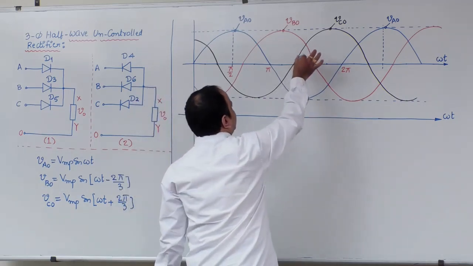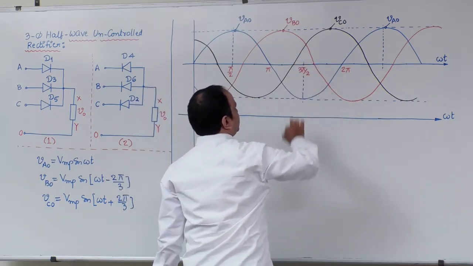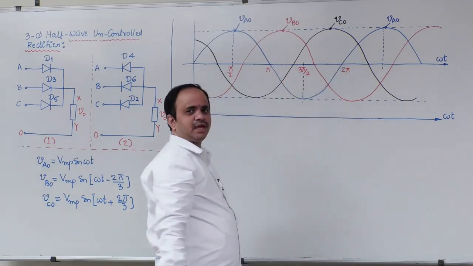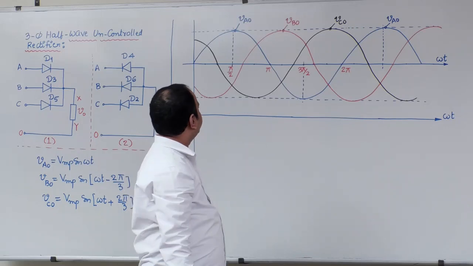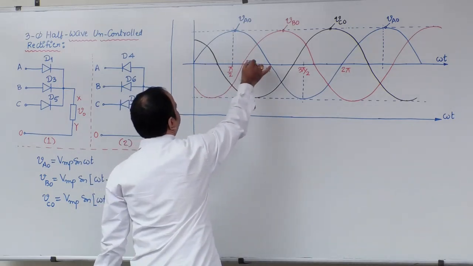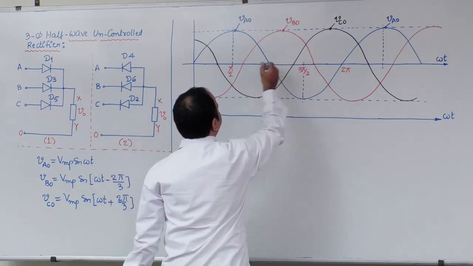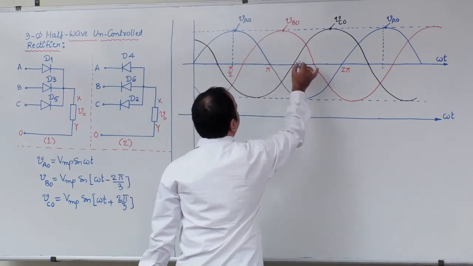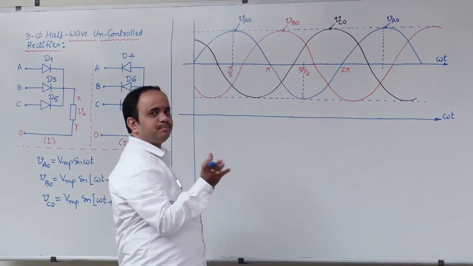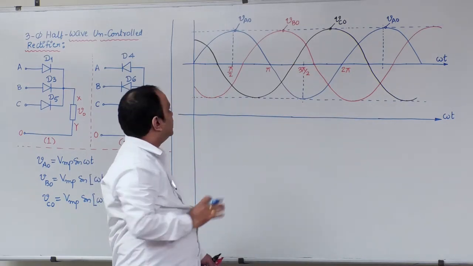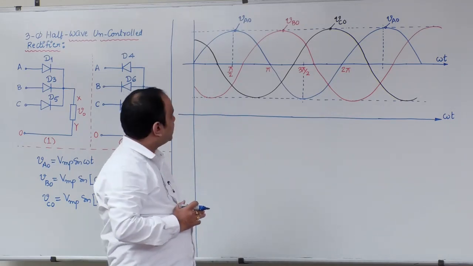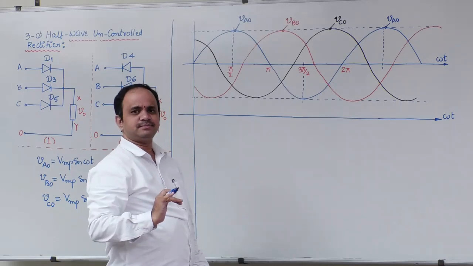At that instant, third phase voltage VAO blue one has negative peak. I am repeating. At omega t equal to 30, 150 and 270 degree, any two phase voltages are crossing in the positive half. At those instants, third phase voltages have negative peaks.